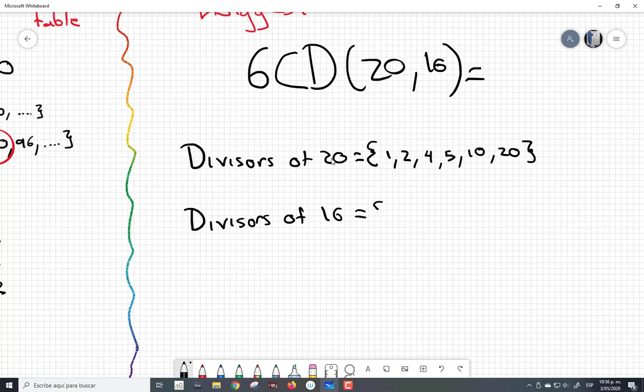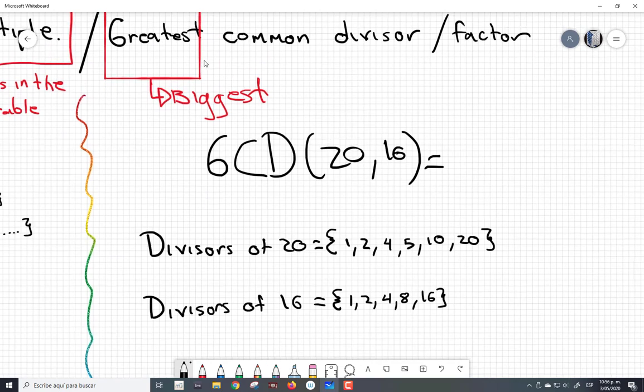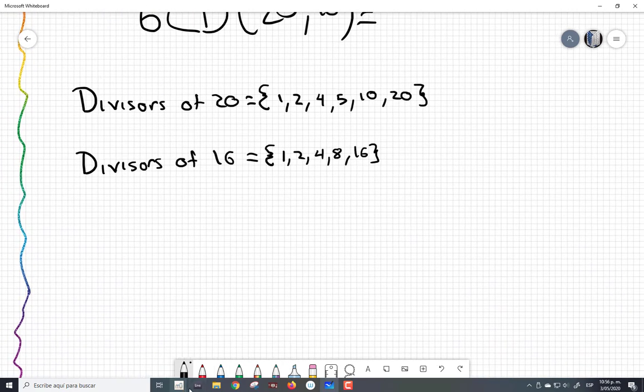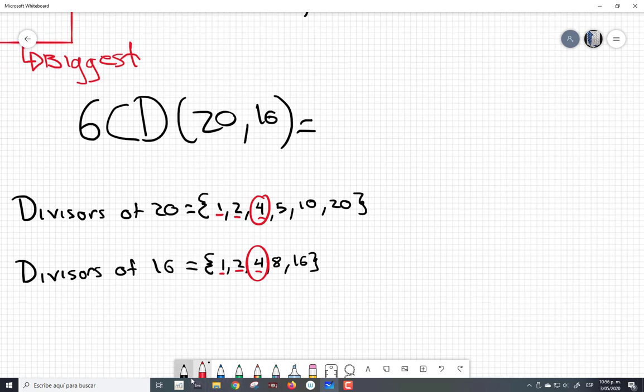And for 16 is 1, 2, 4, 8, and 16. Okay, so remember, it's the biggest or the greatest that they have in common. So what do they have in common? They have in common the 1, they have in common the 2, the 4, and they don't have in common anything else. Which one is the bigger? The bigger is the 4. So the greatest common divisor of 20 and 16 is 4.